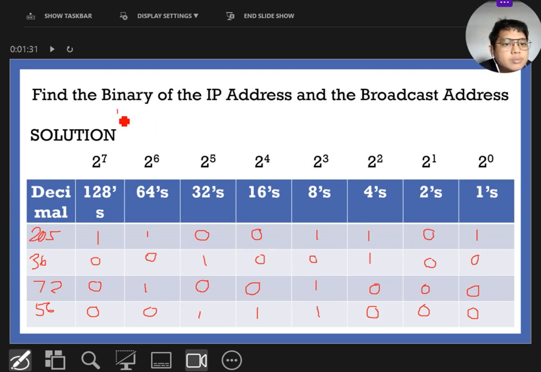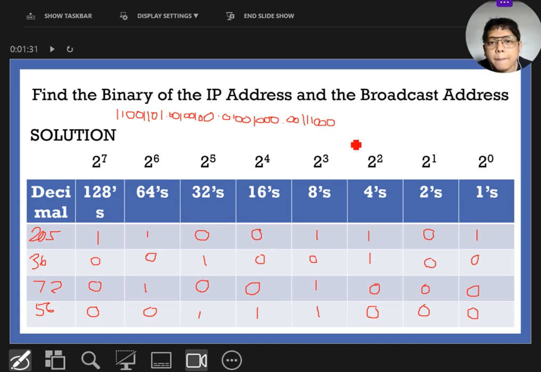We have 11001101, then 00100100, then 01001000, then 00111000. So this is the binary value of the IP address 205.36.72.56.